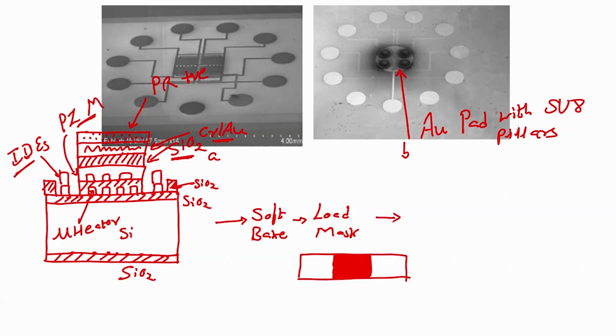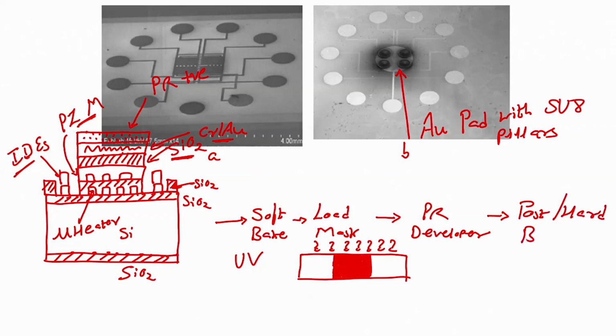After my mask I will perform UV exposure. After UV exposure you know what is next step, photoresist developer. After photoresist developer, what is the next step? After photoresist developer, the next step is post bake or hard bake.